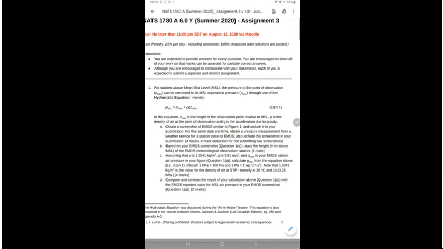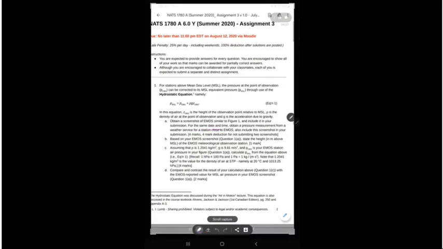The first question asks you to obtain a screenshot for EMOS itself, right here, and that's the figure I was just showing you, and I'm going to go back to that in just a moment, but also to obtain data from a weather service like the Weather Network or something comparable for a weather station that's close to EMOS. So you shouldn't find that to be too much of a challenge.